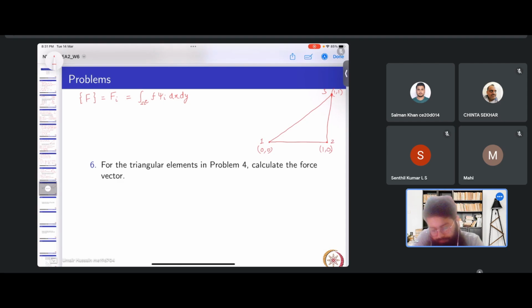Okay, so we have this integral. First of all, what are psi i's here?